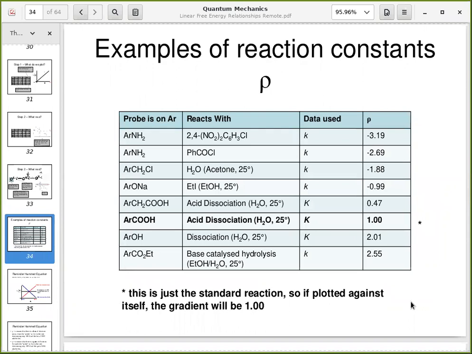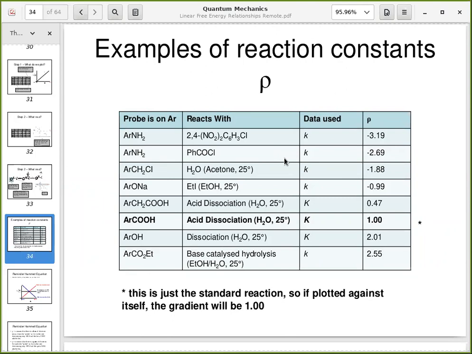Okay, so here's some examples of reaction constants. And remember that I've said that if your reaction constant is negative, such as we saw in attack of benzoyl chloride by anilines, then electrons are moving away from the aromatic system, from the probe.